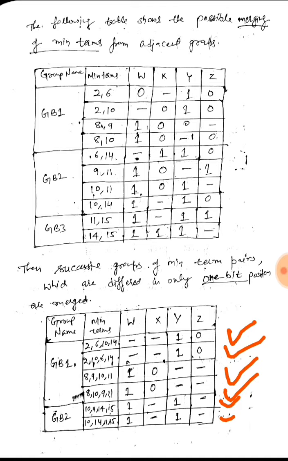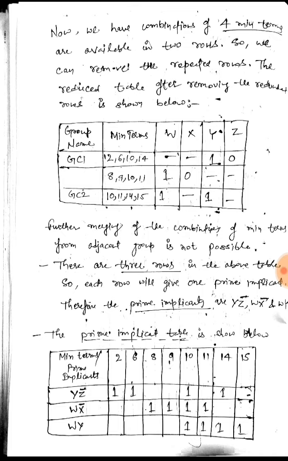So instead of taking them twice, I will take them once. We can remove the repeated rows, and I would have only these groups: 2, 6, 10, 14, then 8, 9, 10, 11, and then 10, 11, 14, 15. Now I have groups of 4 minterms in 3 rows only.